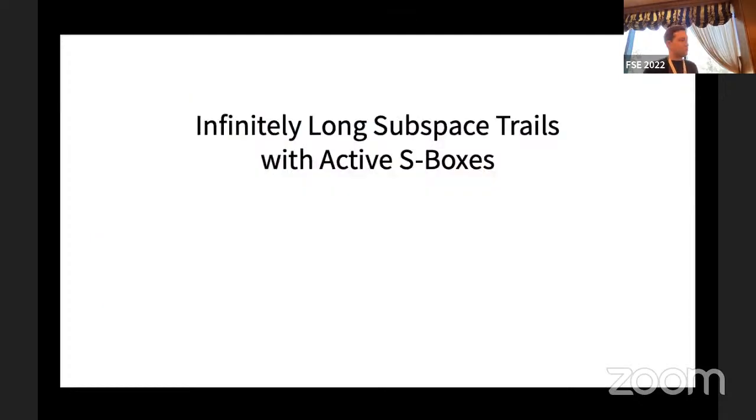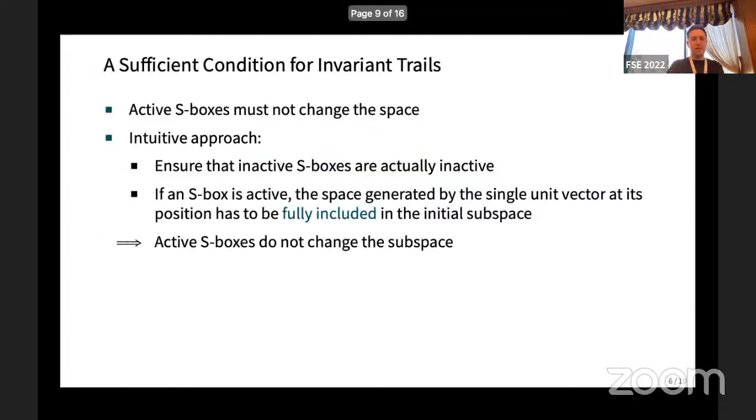The second case we consider are active Sboxes. Here we'll only go over the very intuitive approach. We know that active Sboxes must not change the subspace. So what do we do? Well, we first ensure that every inactive Sbox is actually inactive via a condition. The second condition is that if an Sbox is actually active, then the space generated by the single unit vector at its position has to be fully included in the initial subspace.